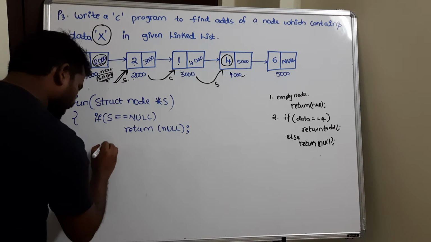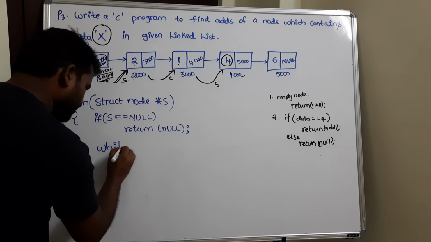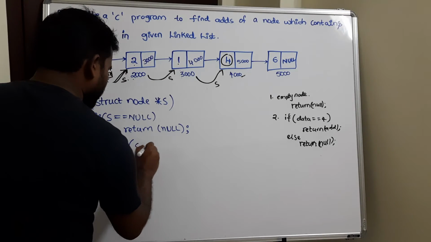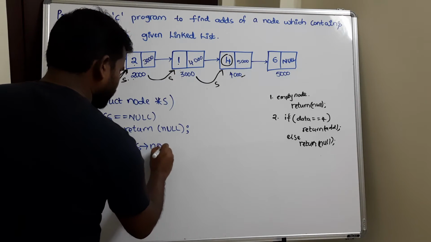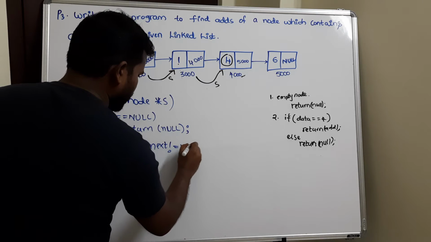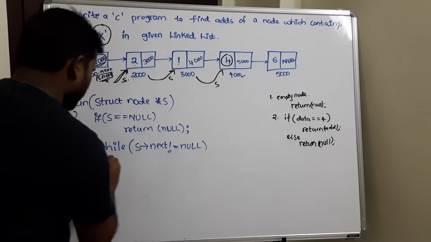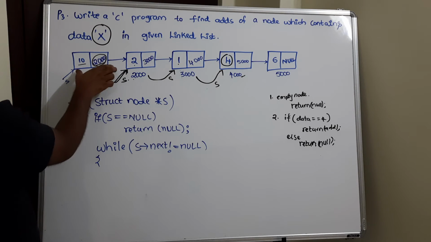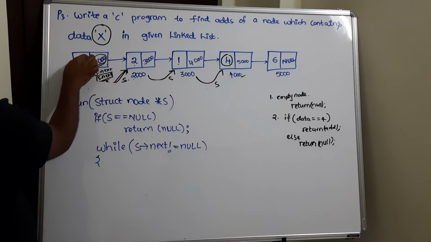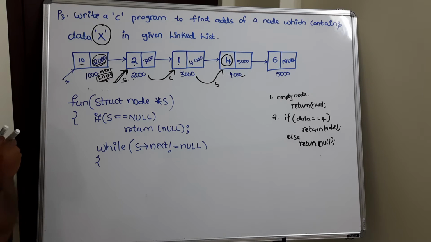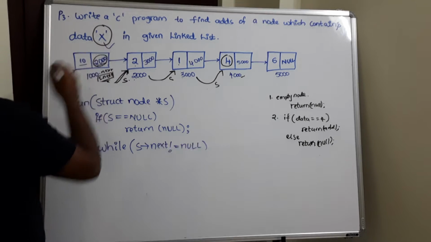If not, while we traverse, s dot next not equal to null. If it is not equal to null, then we move to other things, right? If s next is not equal to null, then we'll verify whether this particular node is the given x or not. That means we consider this x now.